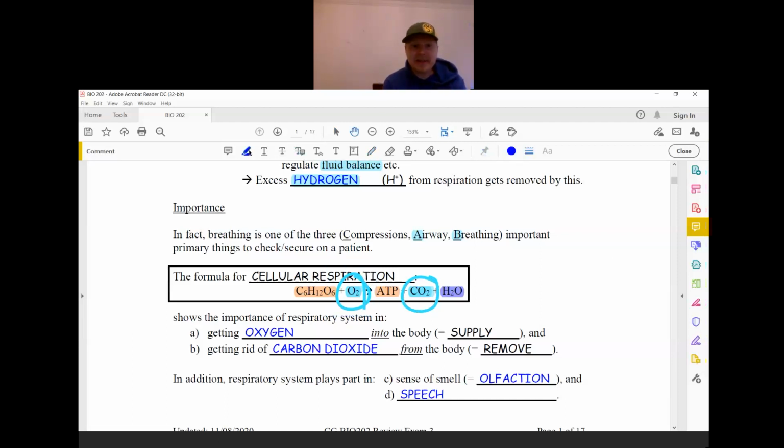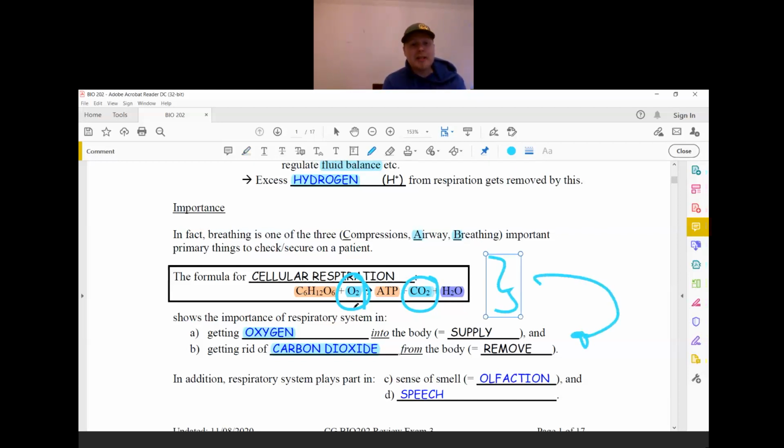Let's have a look at what we could take away from this diagram or this formula. Well, we notice that it's transporting oxygen into the body and getting rid of the carbon dioxide, which were the two single most important functions as we relate those to the respiratory system.